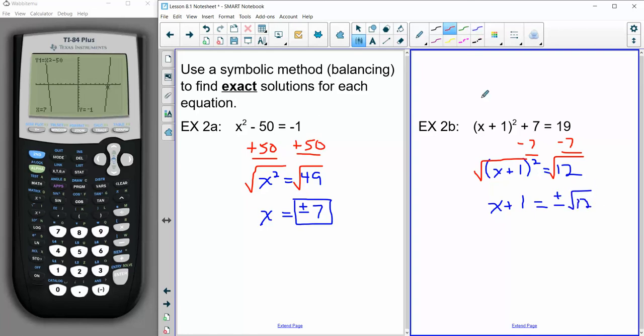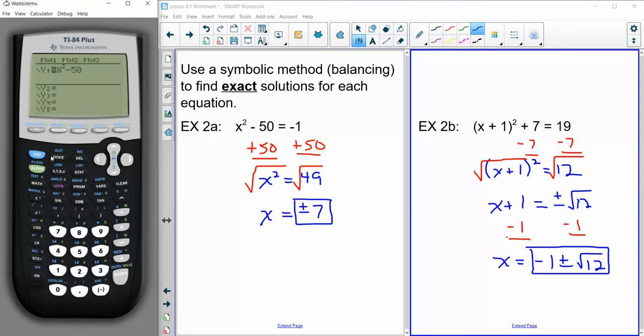And then I'm going to subtract 1 from both sides. And that gives me my solution. X is negative 1 plus or minus the square root of 12. That is an irrational number. We'll talk more about what irrational numbers are in just a second. That cannot be simplified.